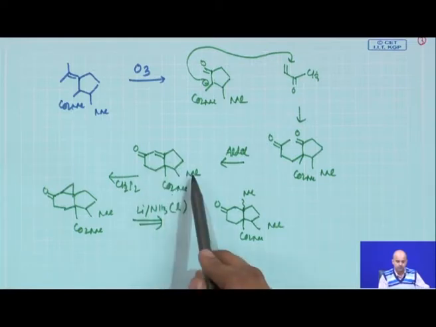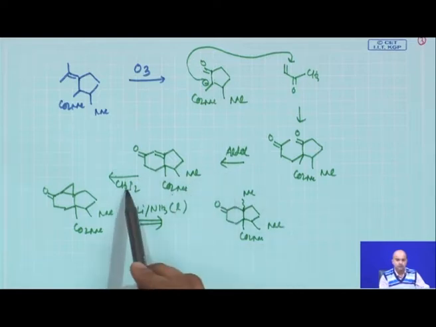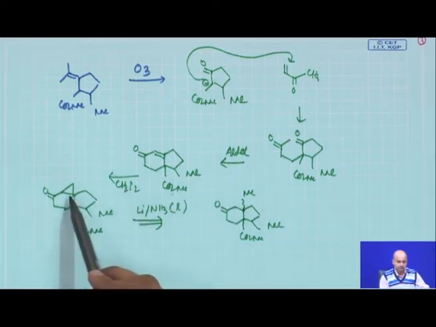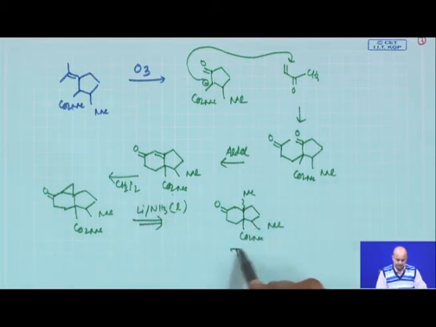Your CO2Me and methyl are in their respective positions. Now, do a Simmons-Smith reaction with diiodomethane to make the cyclopropane, then you just cleave it with lithium liquid ammonia to complete the synthesis. So, this particular synthesis is very useful, where we have discussed several transformations.